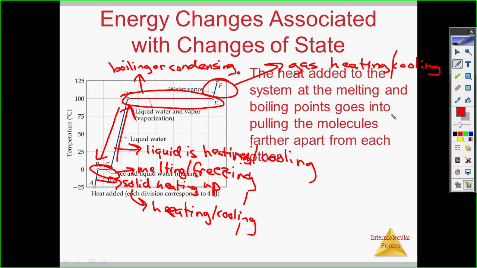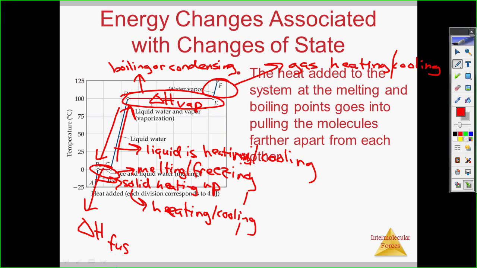Now, there are calculations associated with every part of that graph. There are calculations depending on if it's water, bromine, mercury, whatever it may be. So now, what would we put here? Delta H of what? Vaporization. What would we put down here? Delta H of fusion.